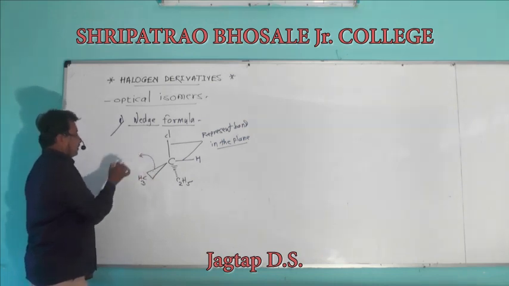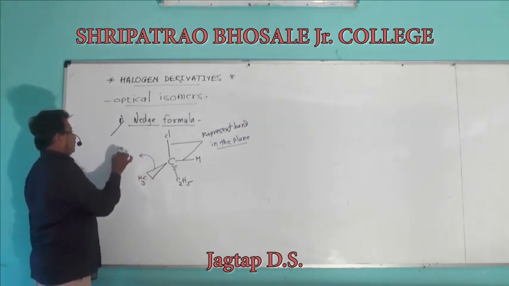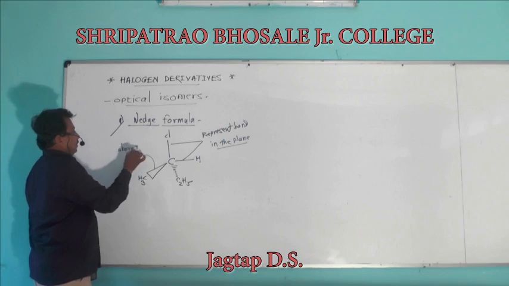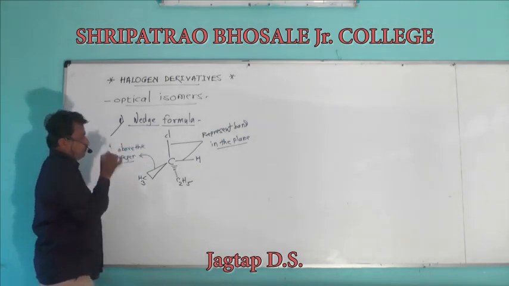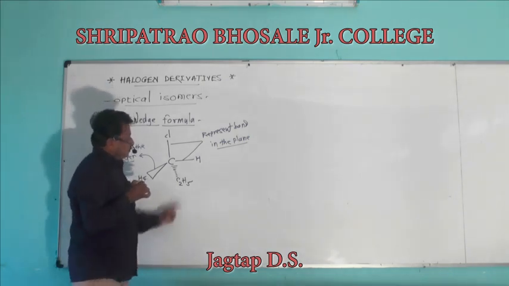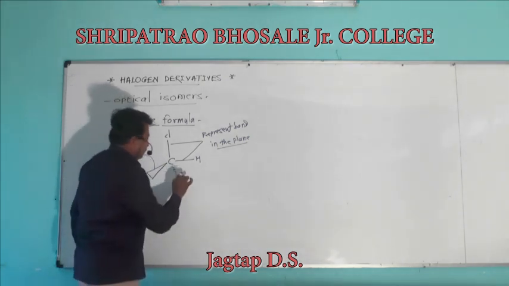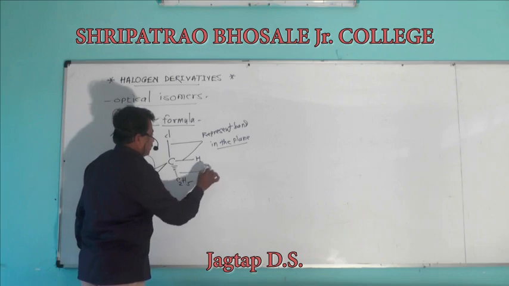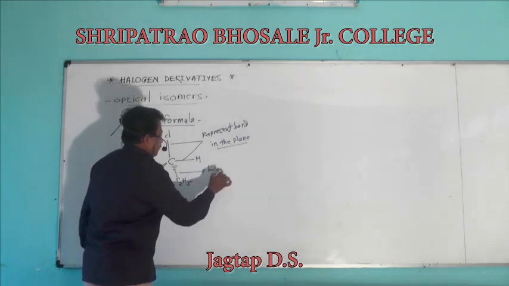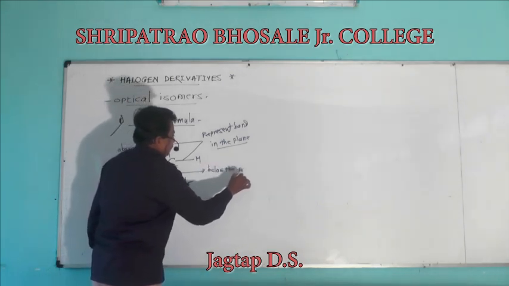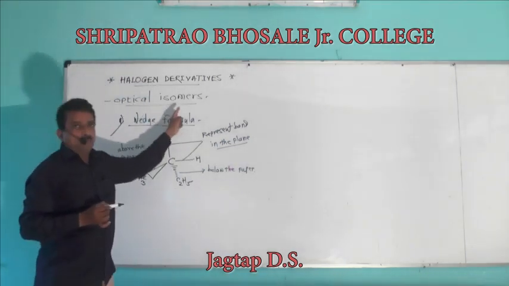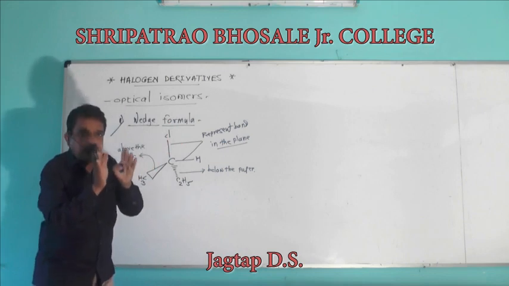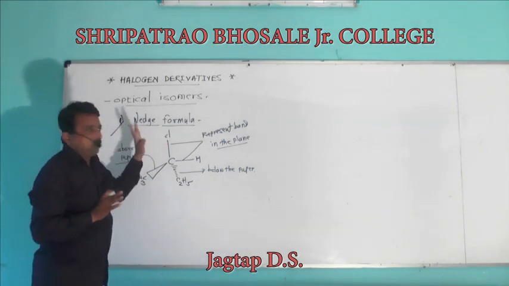Solid wedge represents the bond above the paper, while the dash wedge represents the bond below the paper. So, optical isomers can be shown by a Wedge formula.